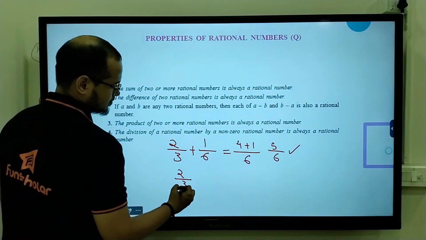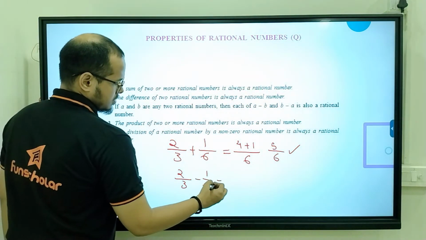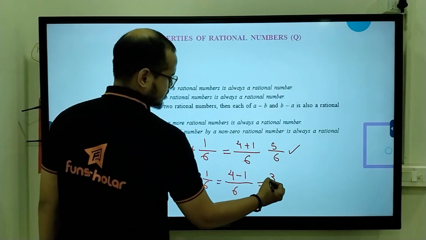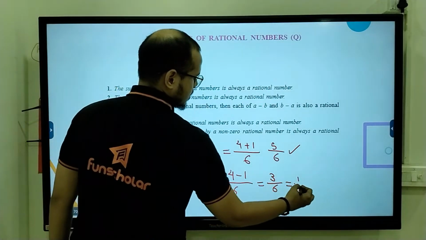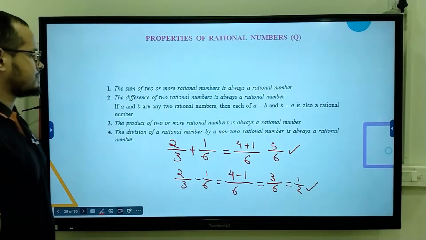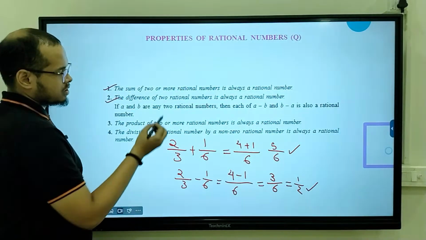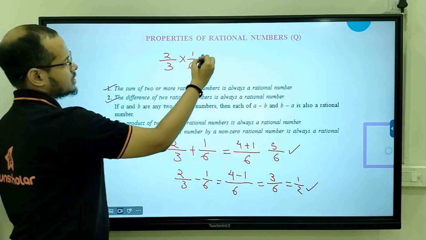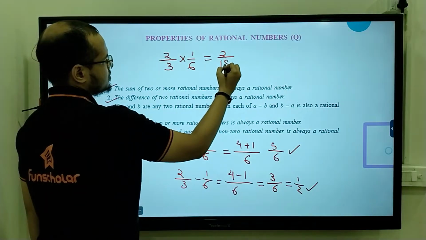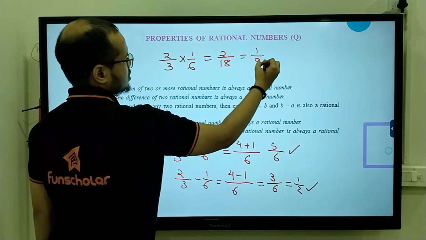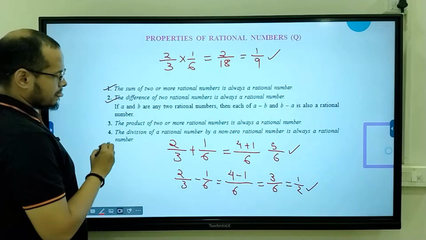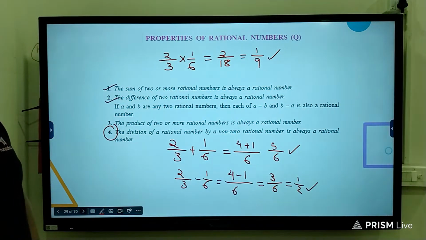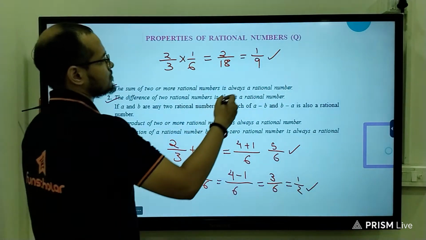Difference: also a rational number. The first two are done. Product: 2 by 3 into 1 by 6 is 2 by 18, or 1 by 9, also a rational number. But division of a rational number by a non-zero rational number is always a rational number. What is that?